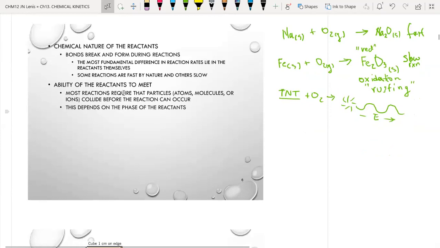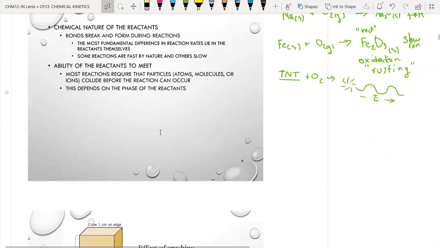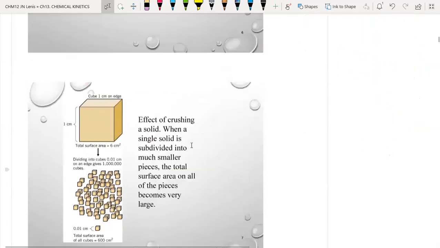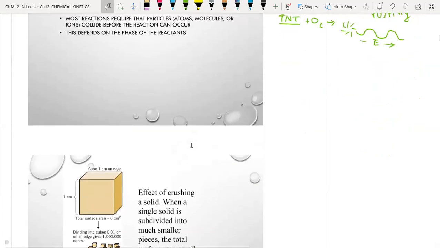Another factor that affects the speed of the reaction is the phase of the reactants. In what phase are the materials reacting? For example, when you have gases, you have a homogeneous reaction.